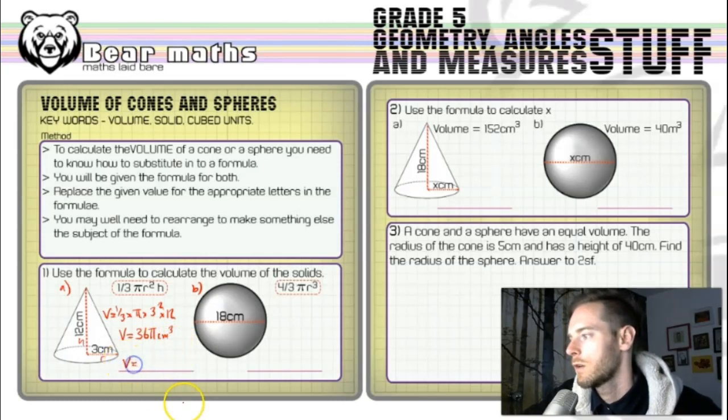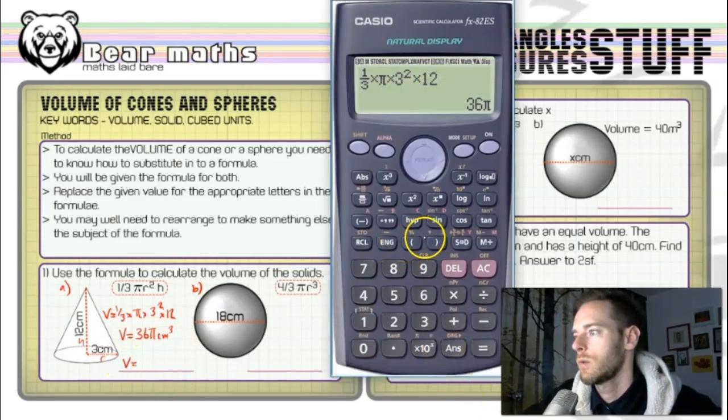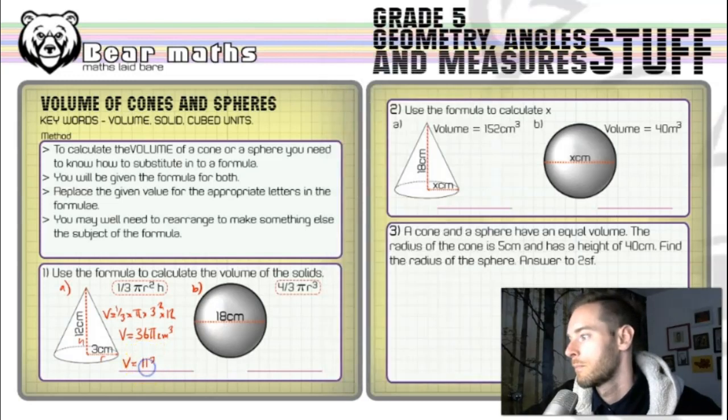Then the volume we could write as a decimal if we needed to, 113.097, etc. I'm just going to round it to 113.1 centimeters cubed.